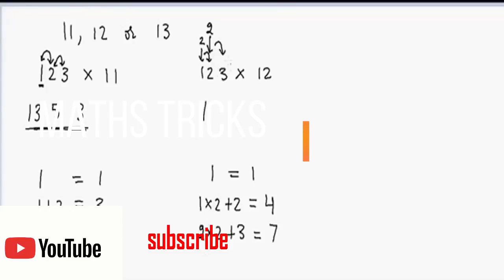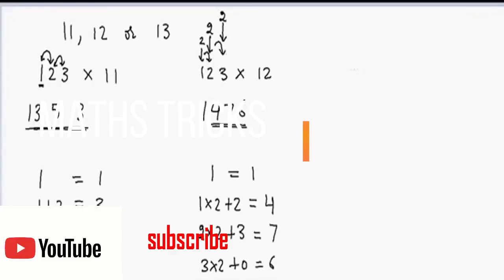And then for the last digit I'll multiply the last digit by 2. So 3 into 2 plus 0, that will be equal to 6. So the answer will be equal to 1476. So basically I am multiplying each digit by 2 and then adding the next digit into it.